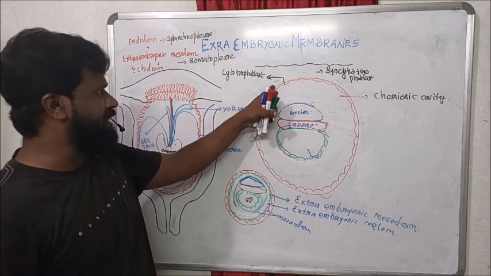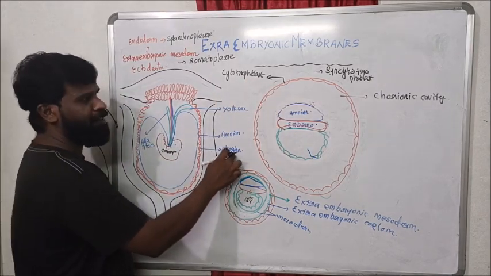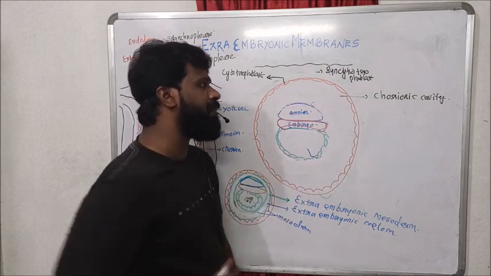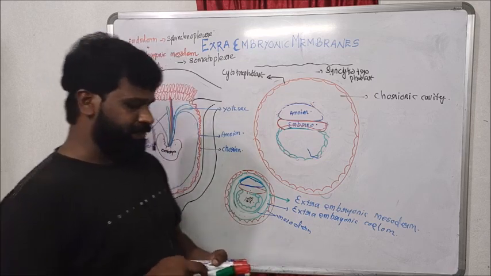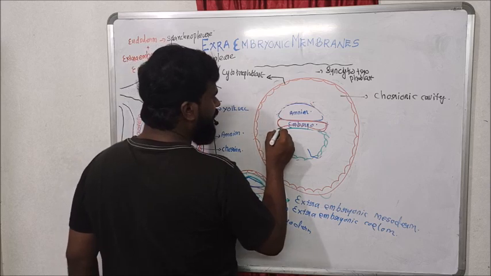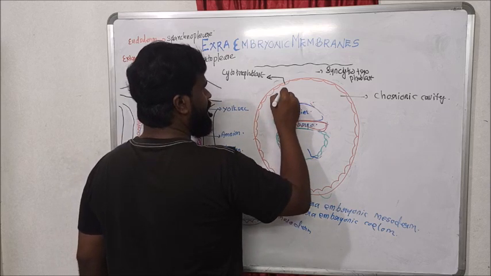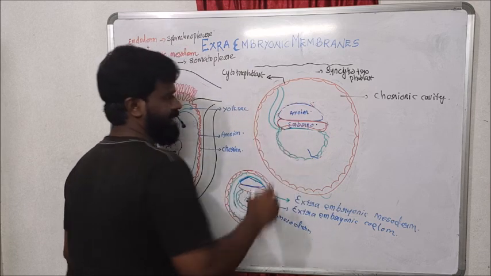We know this cytotrophoblast, or trophoblast, will become the outer membrane, the chorion. So inner to this trophoblast, a cavity formed is called the chorionic cavity. And here a mesodermal remnant remains as a link.